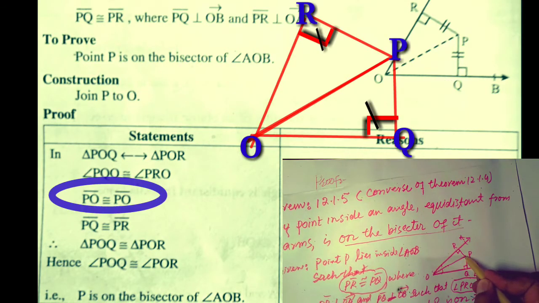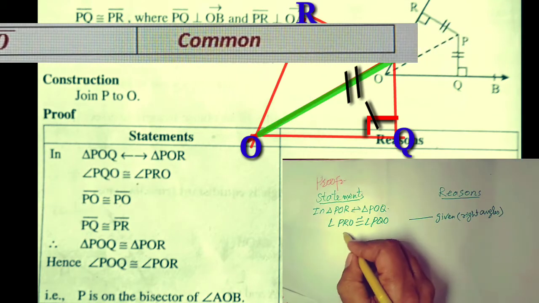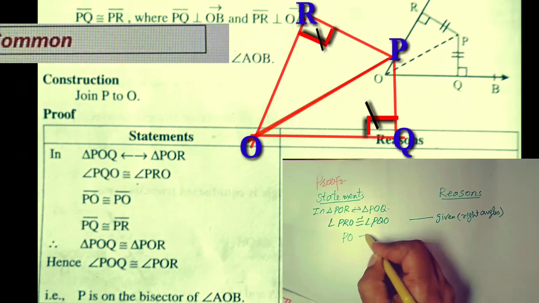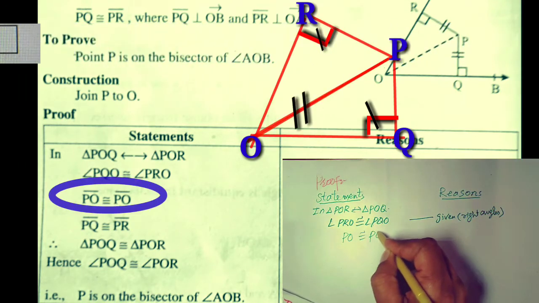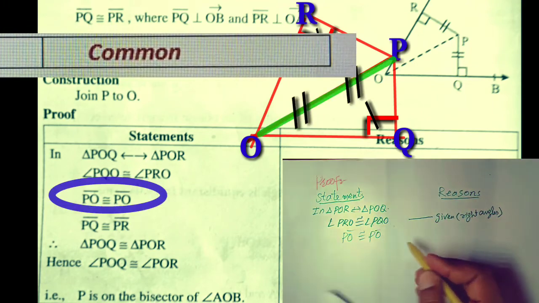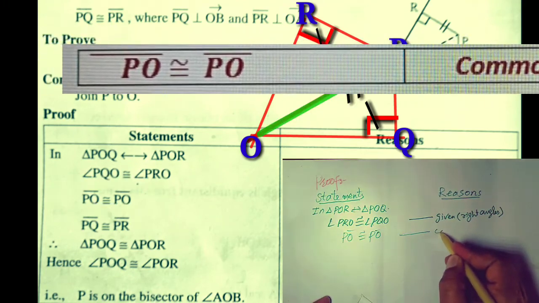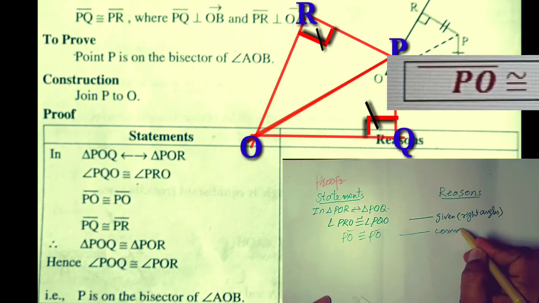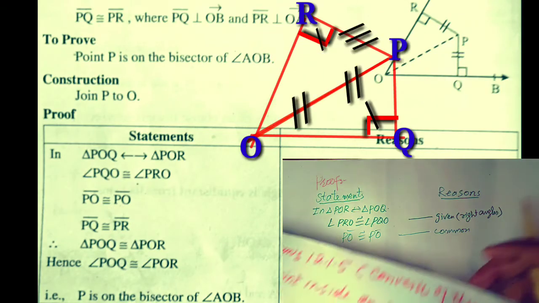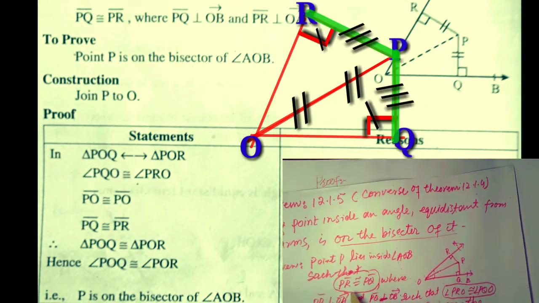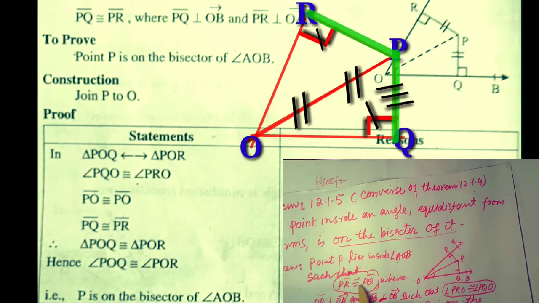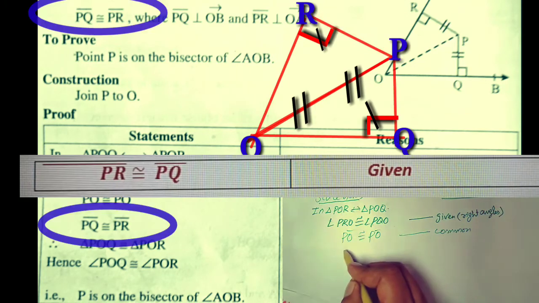PO is common in both triangles, PO congruent PO, and the other given, PR congruent PQ.